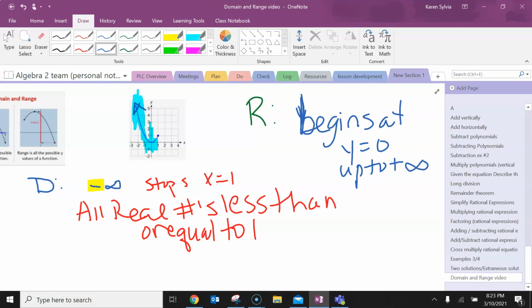So my range would be described as all values, all real numbers, greater than or equal to 0, and it continues forever.